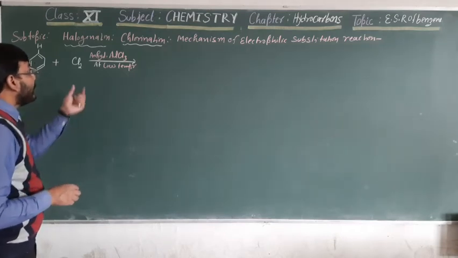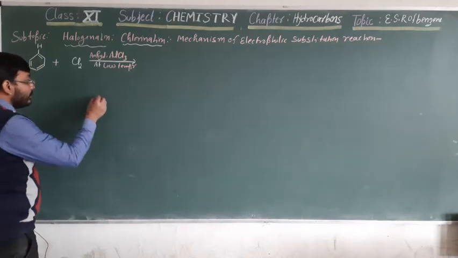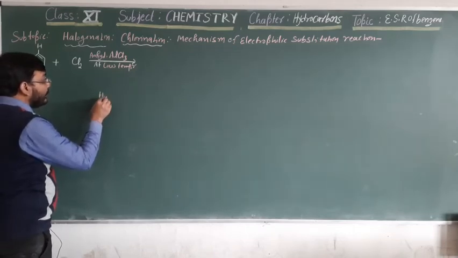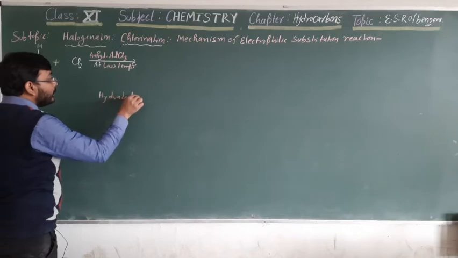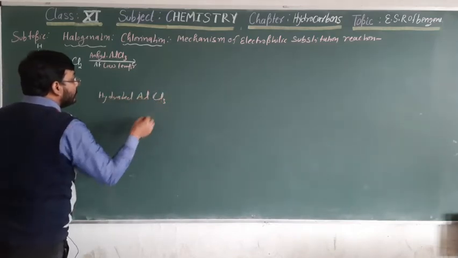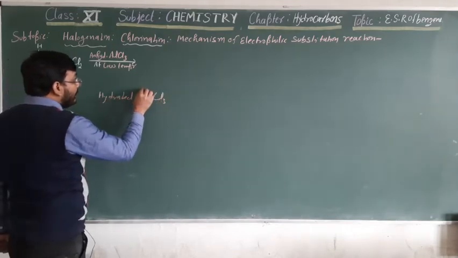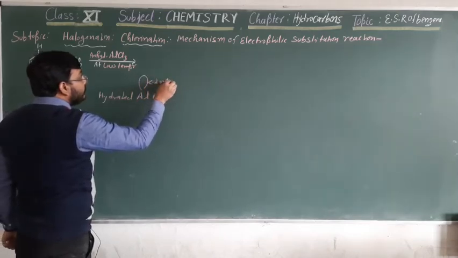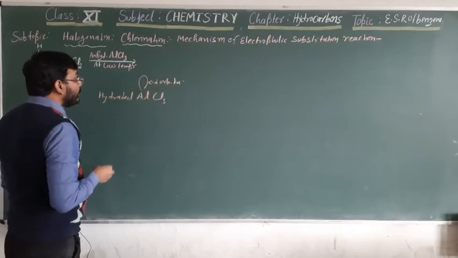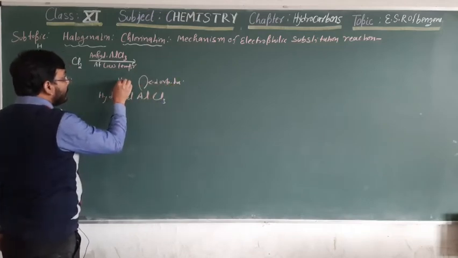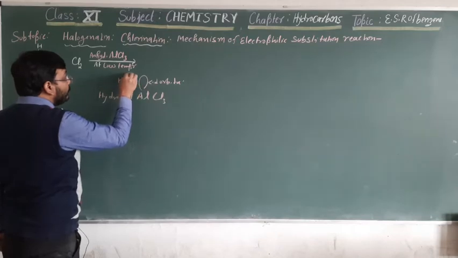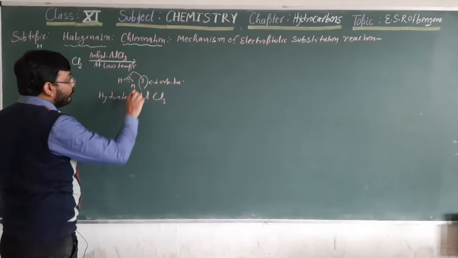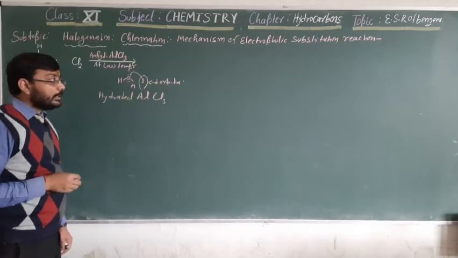Why do we take the anhydrous AlCl3? I just want to make you clear that if you take hydrated AlCl3, as we know the d orbital of aluminum is free, and the water has a lone pair of electrons on the oxygen that will come and fill the d orbital of aluminum.